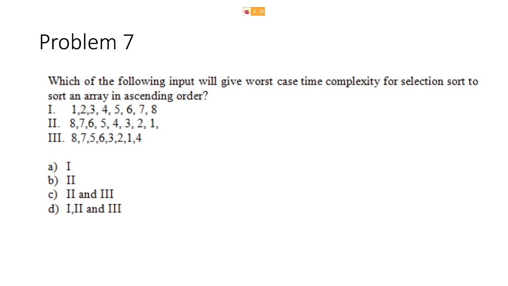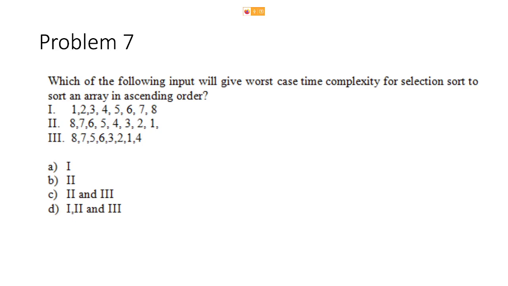Can you answer this? What will be the worst case time complexity for selection sort to sort an array in ascending order for these options 1, 2, 3, where 1 is actually in ascending order, and second is in descending order, third is in some random order.